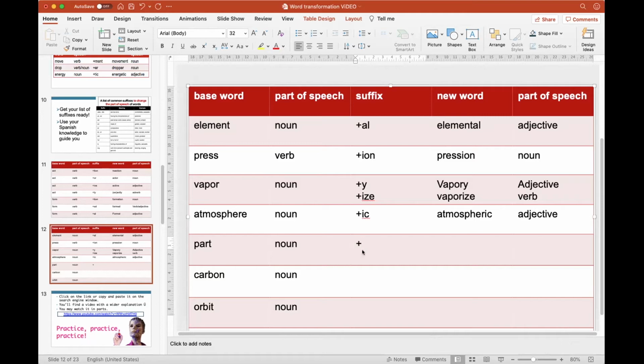ING, like this? No, solamente la I y la N como prefijo. Parting. No, not prefix, not yet. We are in suffixes. Apenas andamos en sufijos. Los que se añaden al final.